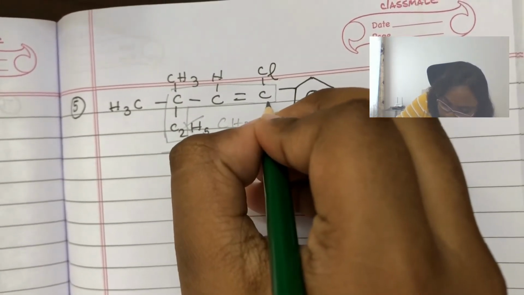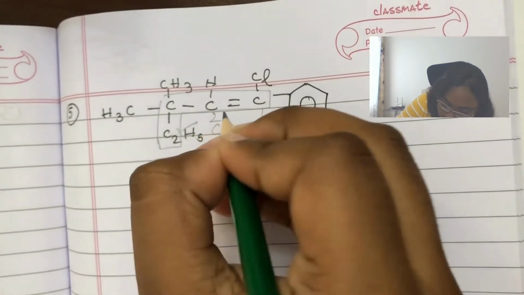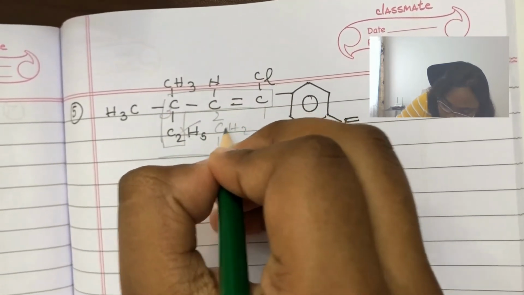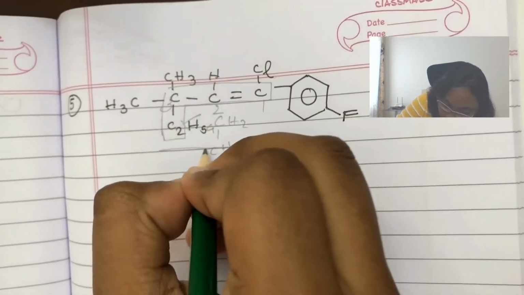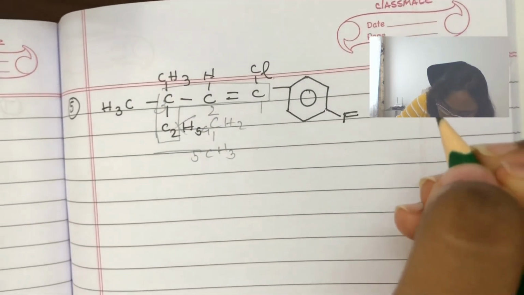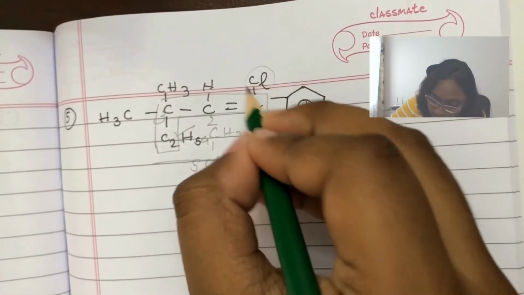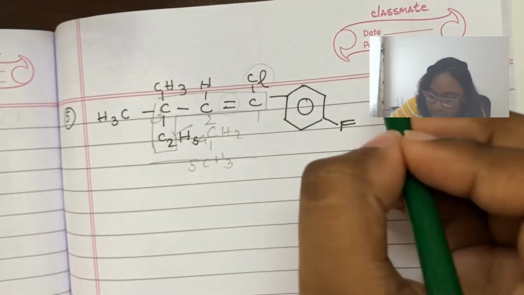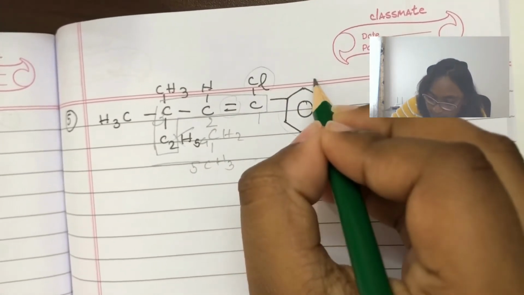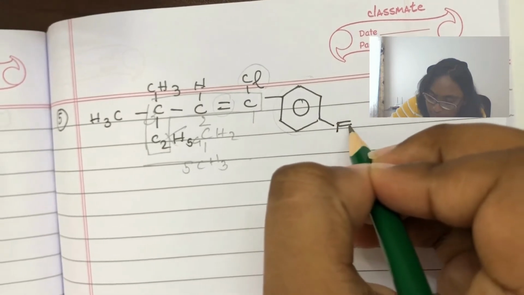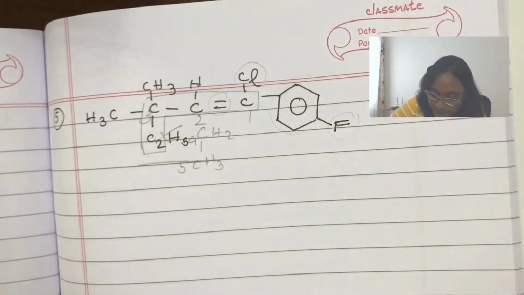So we start the numbering as 1, 2, 3, 4 and 5, and on the first carbon there is a chlorine, a double bond, ene, and a phenyl on which at its fourth position there is a fluorine.